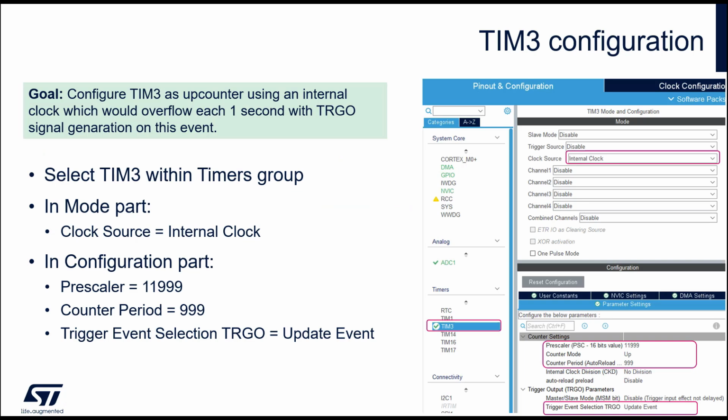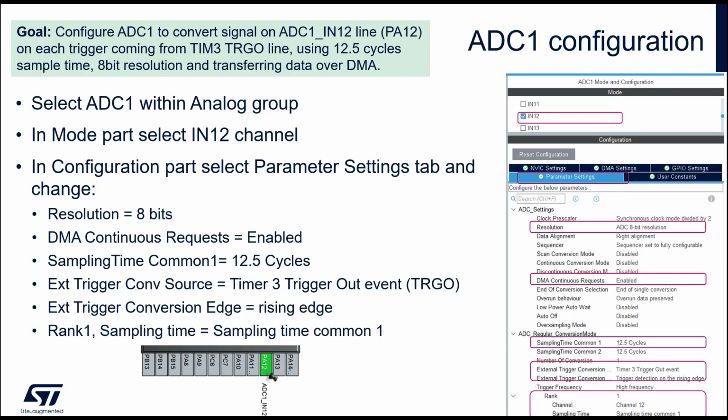To implement our application, we will keep the same configuration as in the Lab 6, so no modification will be performed. We will keep the same parameters. So regarding the timer, we will set it as an up counter using an internal clock which will overflow at each second, providing the trigger source for the ADC. And for the ADC, we will set the input channel 12.